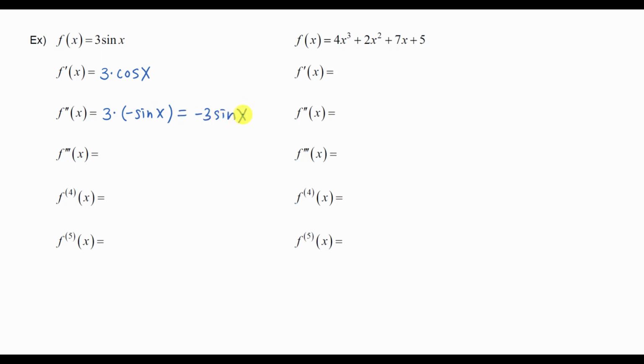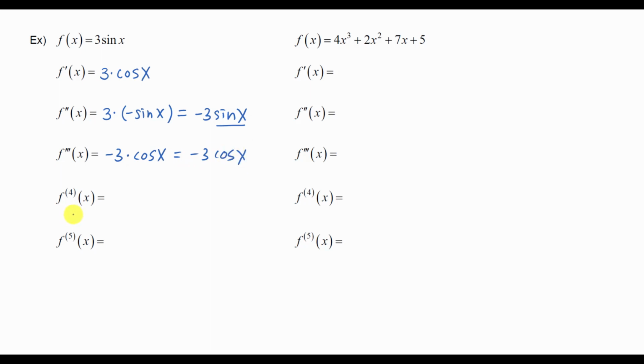That's what f double prime of x is. What would f triple prime of x be? You would leave the negative 3 the same, and the derivative of sine x is cosine x. So that will be negative 3 cosine x.